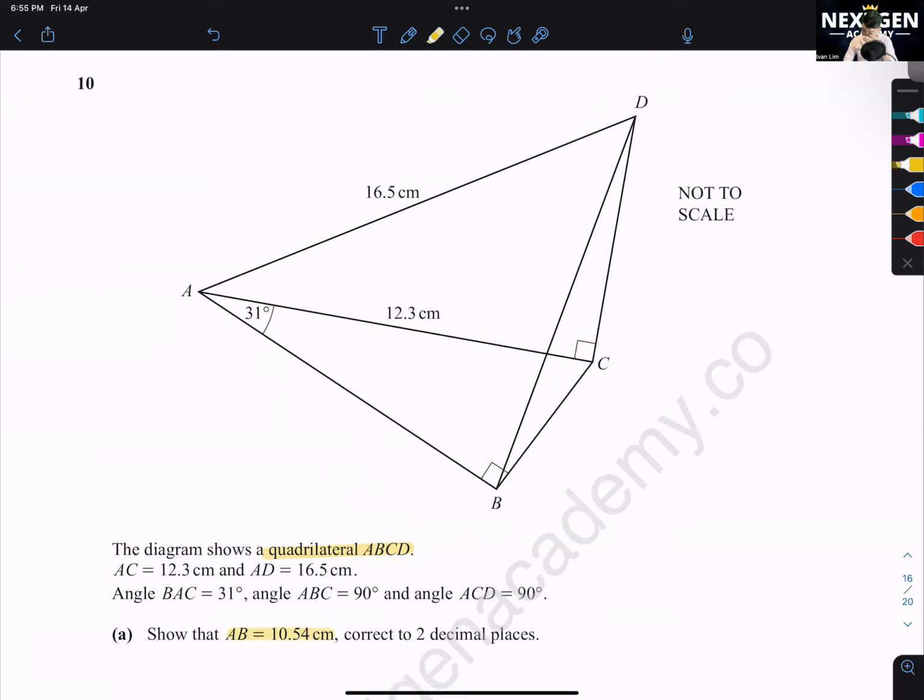Okay, before we do this one, you all see over here, we will probably use sine and cos rule. So let's write down all the things that we want first.